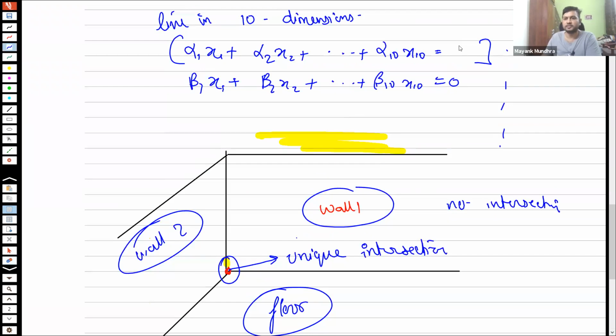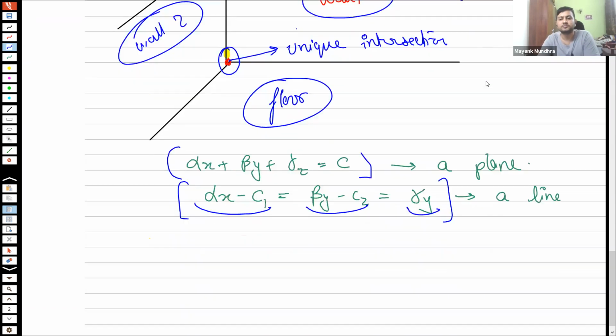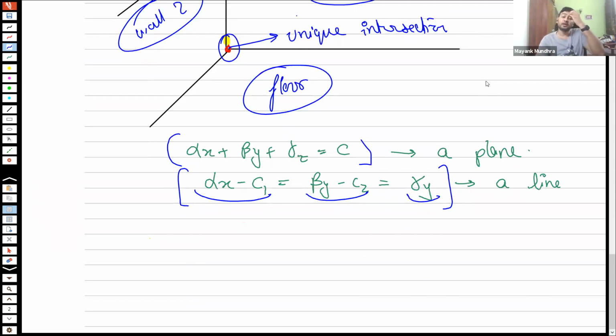Actually, I should have written this as c1 and c2 here, because it's possible that the lines are not all passing through the origin. Anyway, what is the distinct feature of a plane and a line?